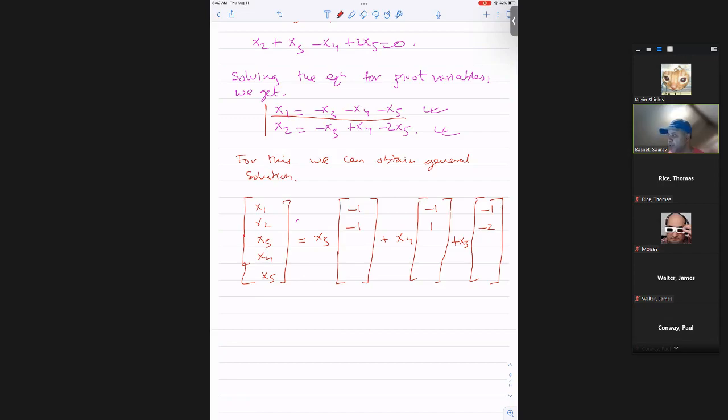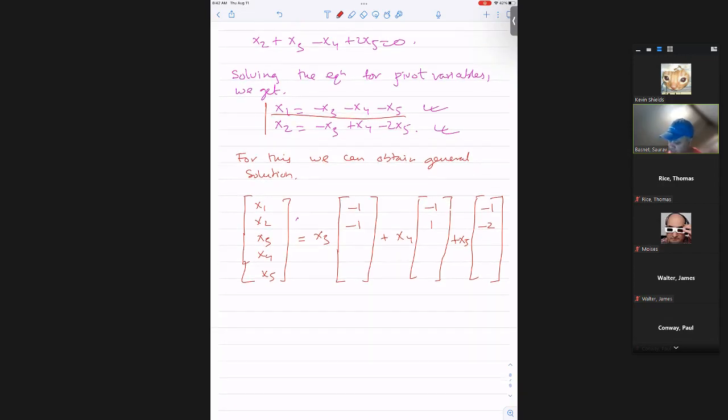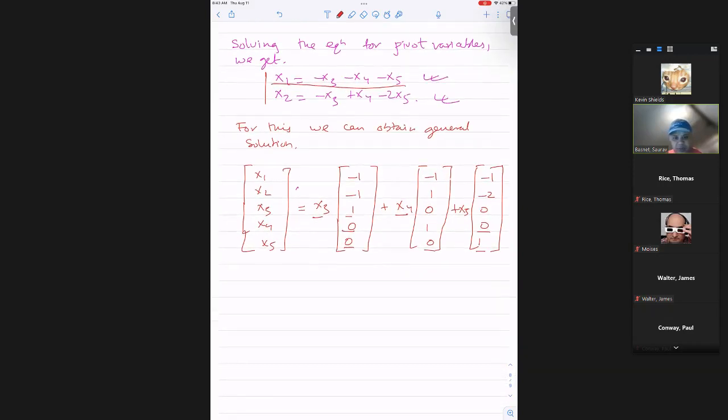And the independent variables: for x3, 1 0 0; for x4, 0 1 0; for x5, 0 0 1. Did you get that? Your x3 is 1, we don't know about x4 and x5. For x4 we don't know about x3 and x5, so we give 1 to x4. Similar with x5. So everyone understood this?